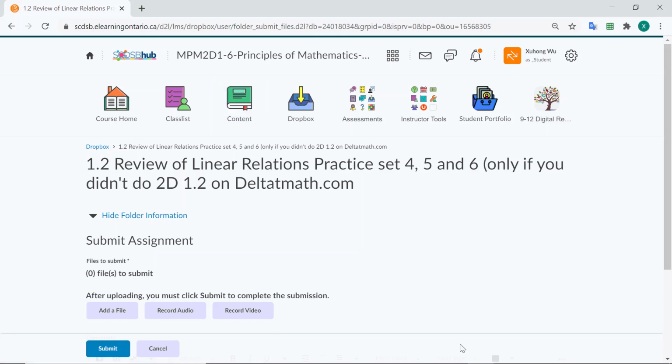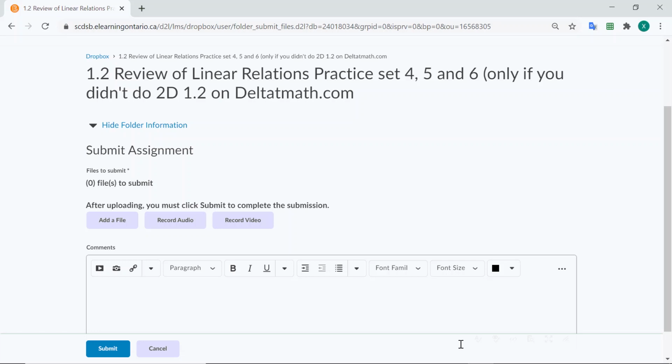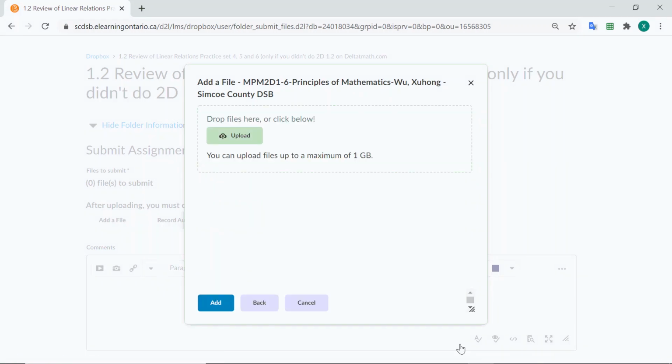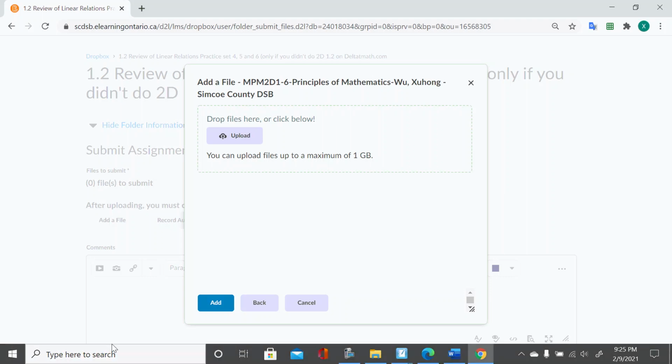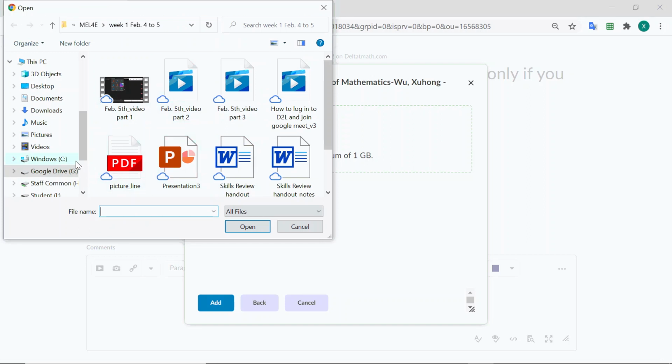So for example, you want to submit your file to Dropbox, you click on one of the Dropboxes, then add a file, then you click on my computer, then you could go to File Explorer and drag your pictures and drop here. Or you could click on upload and find where the files are.